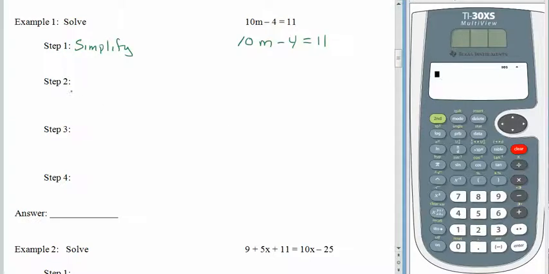To move things around to different sides of the equation, we need to add or subtract. Since our equation says 10m minus 4, we'll undo that subtract 4 by adding 4 to both sides.